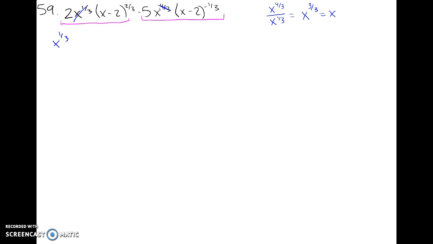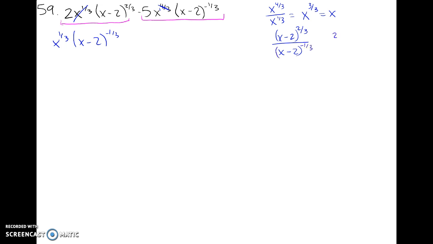I have x minus 2 to the 2/3 and x minus 2 to the negative 1/3. So the smaller number is x minus 2 to the negative 1/3. When I take it out of this one, you're doing (x minus 2) to the 2/3 divided by (x minus 2) to the negative 1/3.